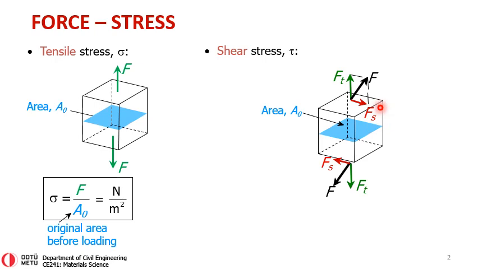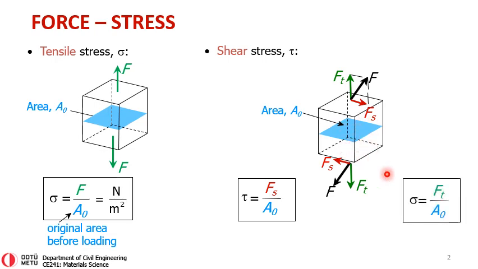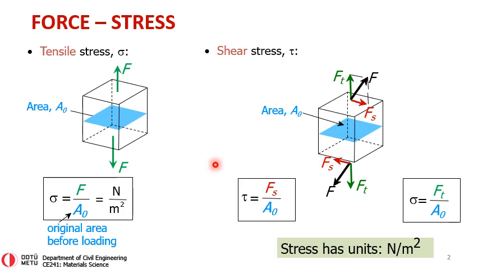Because of this shearing force, we will be calculating a shear stress, Fs divided by the cross-sectional area. Note that for this member, subjected to this kind of loading, we will have a normal stress as well, which can be found by the normal force divided by the cross-sectional area. So this is what we have seen before.